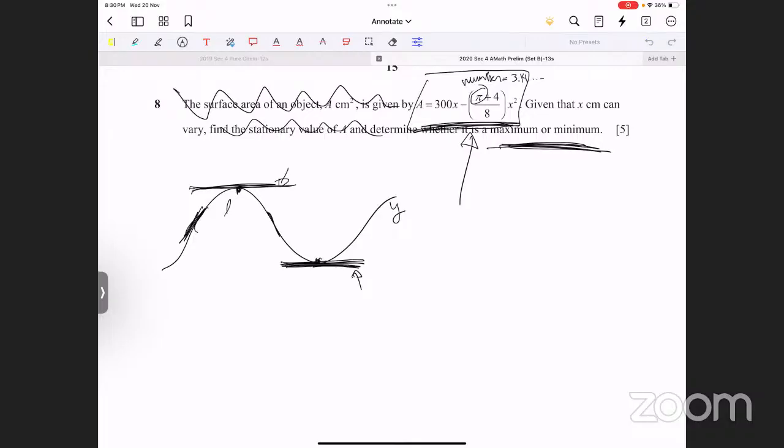And notice that in this local maximum or local minimum, the gradient is? The gradient of the line is, Ariel, come on. 0.